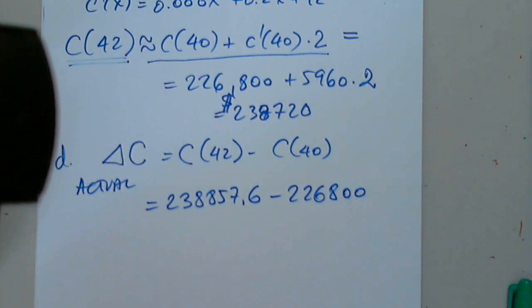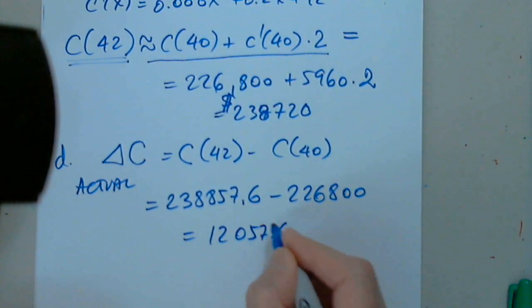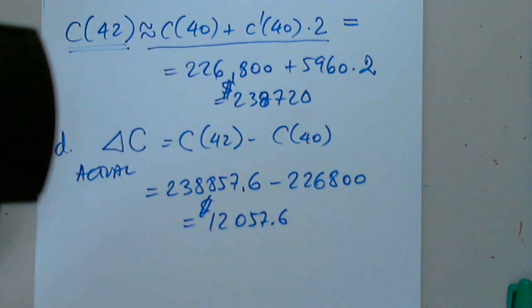So 238,857.6 minus 226,800. So that's it. 12057.6 in dollars, of course.